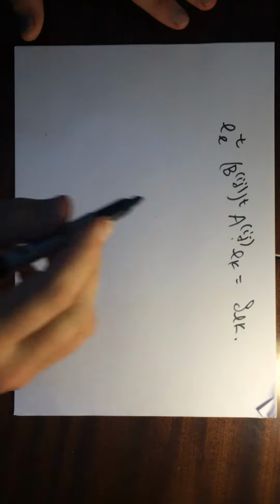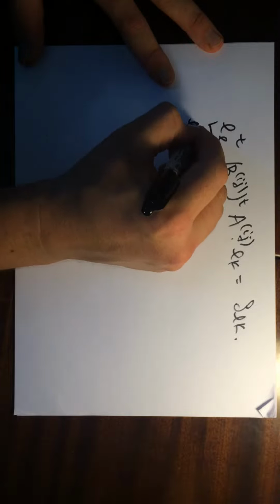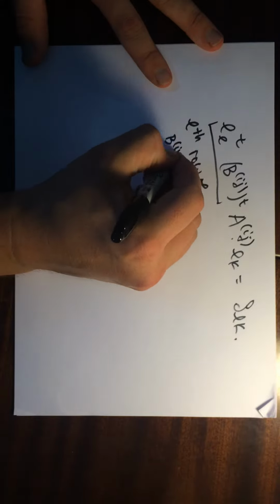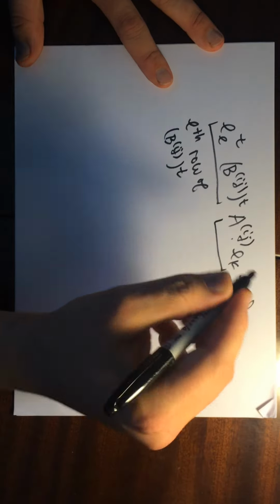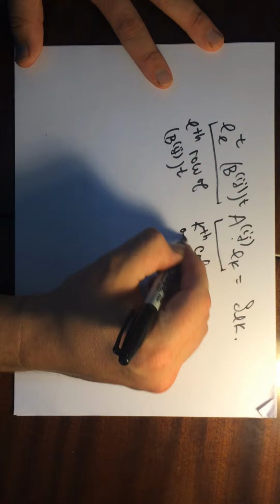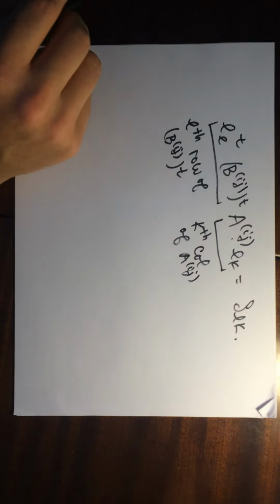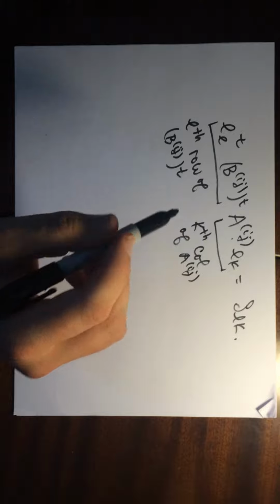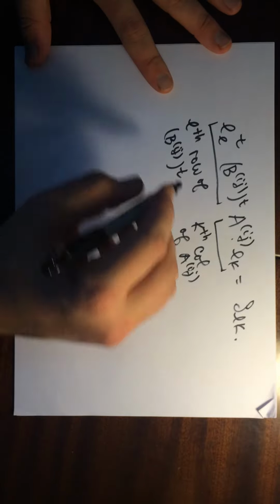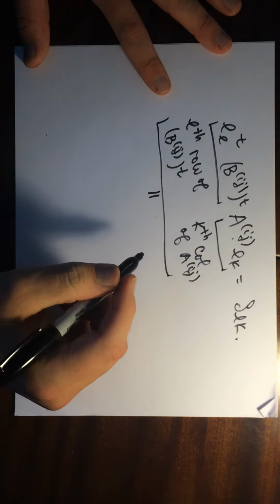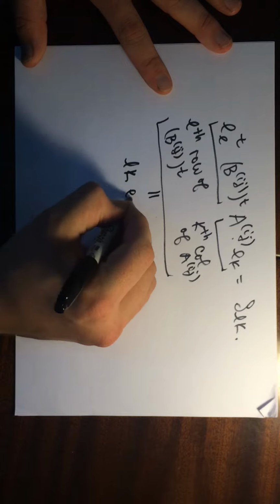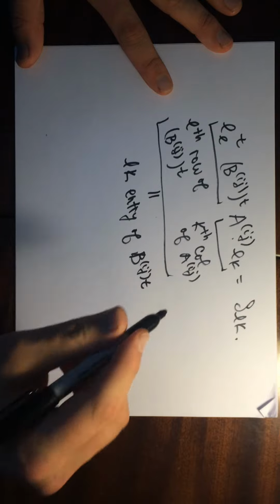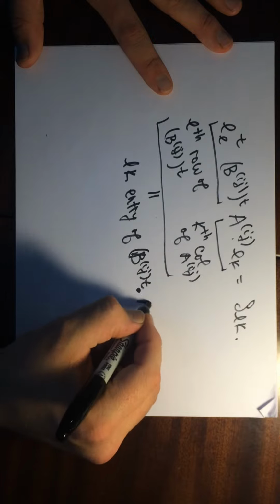Okay, and so this is equal to this part here. So this is the l-th row of B_ij transpose, and then this thing here is the k-th column of this matrix A_ij. And so this l-th row times this k-th column gives the LK entry of the matrix B_ij transpose times A_ij.